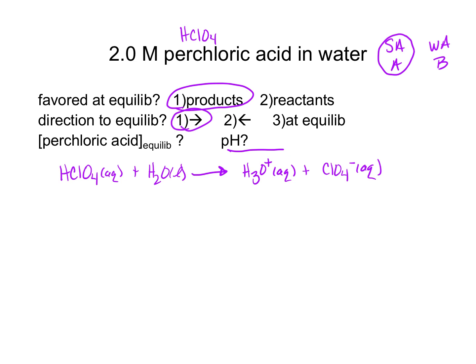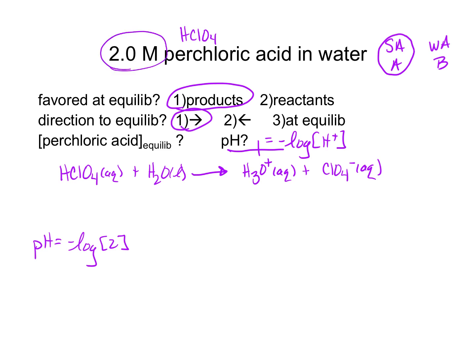Okay, my pH, right? The pH is equal to minus the log of the H plus concentration. Okay, if I have a strong acid, then the concentration of the ion is going to be the initial concentration. Okay, so I can say that the pH is equal to minus the log of 2.